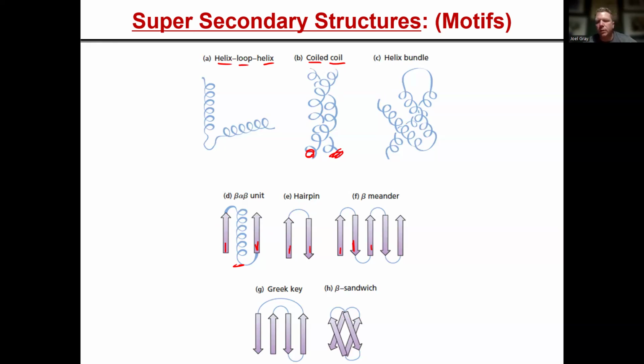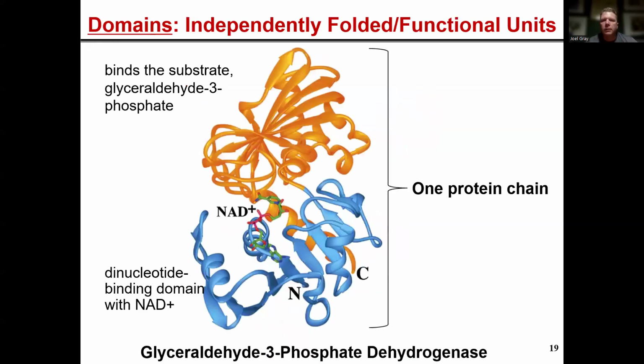These can get much more complicated. There's a beta barrel, which is a bunch of beta strands that come together to make a cylinder. Now, when it comes to domains, these are parts of proteins that independently fold, or they're independently folded or functional units. These domains likely do different things.